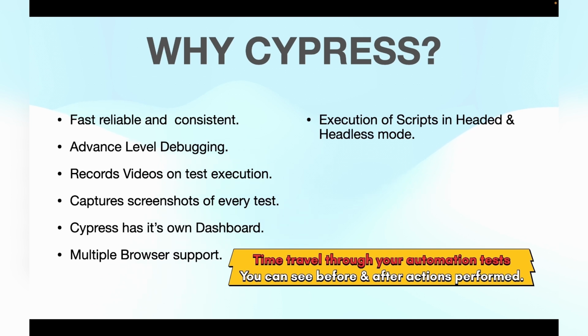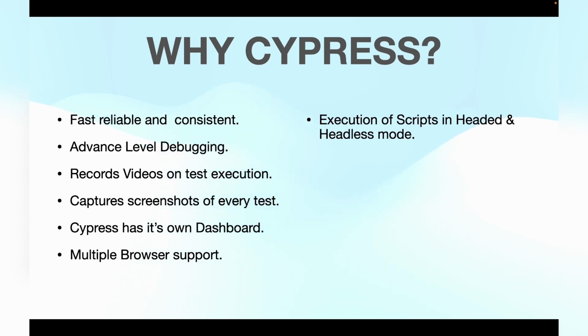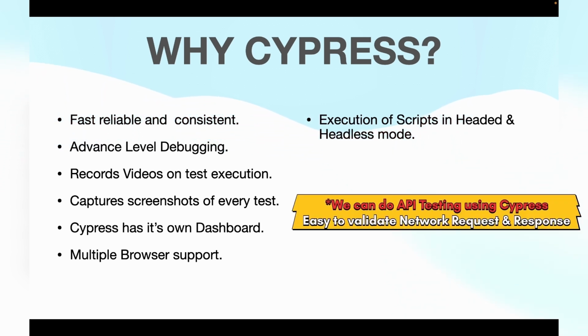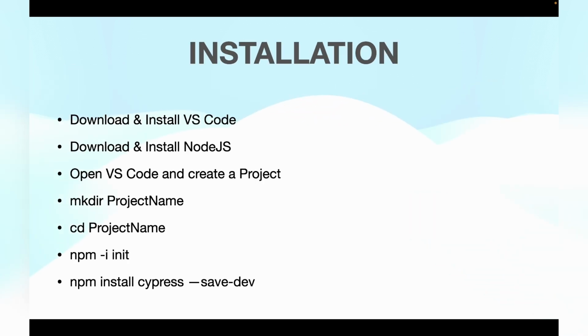After execution of every test case, it will record a video and it will also capture screenshots. Cypress has its own dashboard and it also has multiple browser support. We can execute our test cases in headed or headless mode. When someone asks you why you are using Cypress, you can pick any of these reasons and tell them. Let's start installing Cypress in our systems.